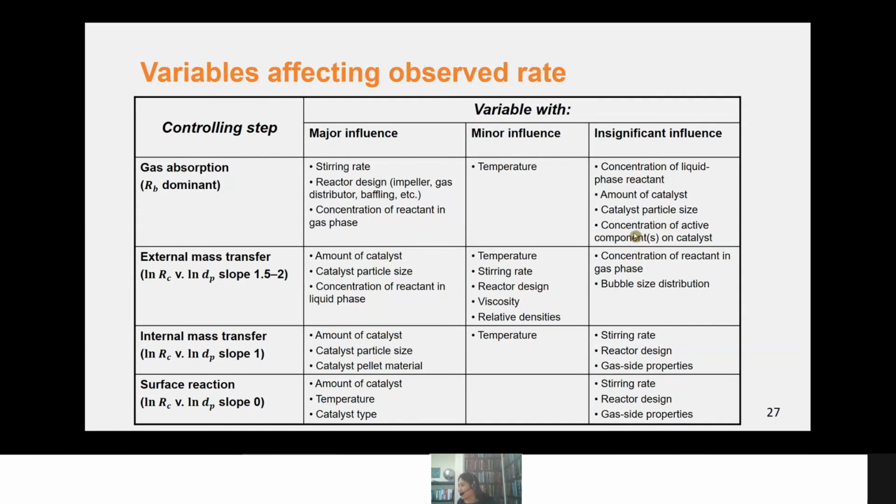So for example, you don't have to increase the concentration of active components on the catalyst, like precious metals. If you're using precious metals as your active sites, that's very expensive, but it will not have a significant effect on the rates because the process is controlled by gas absorption.